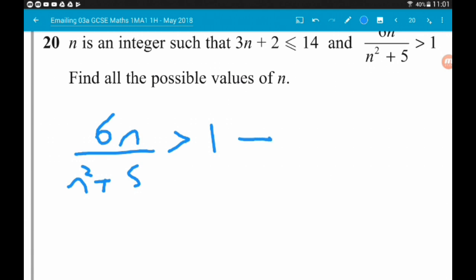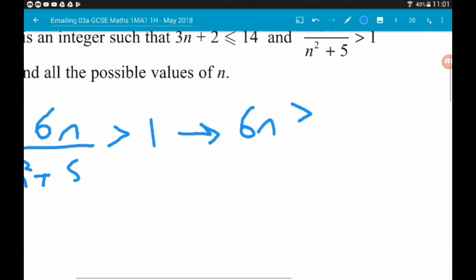So first thing we need to do is multiply both sides by n squared plus 5. So that's going to give us 6n is greater than 1 times n squared plus 5. So that is going to give us n squared plus 5 over on the right.